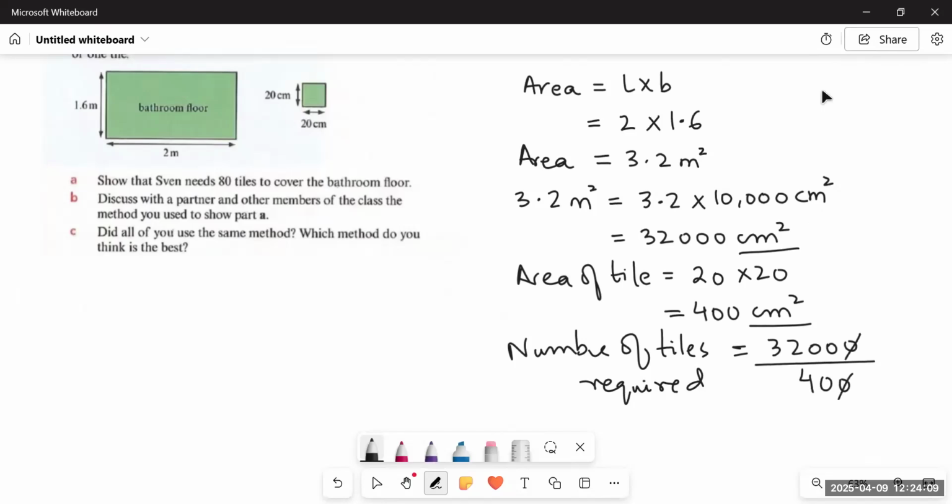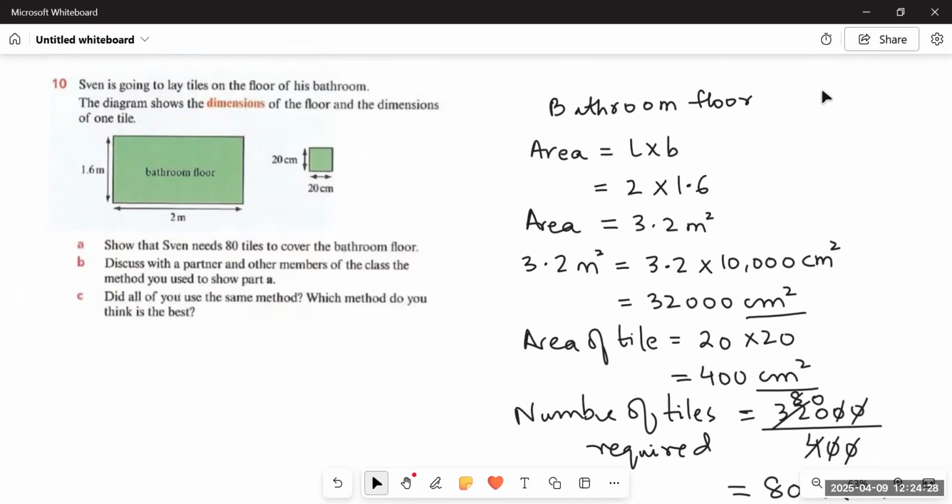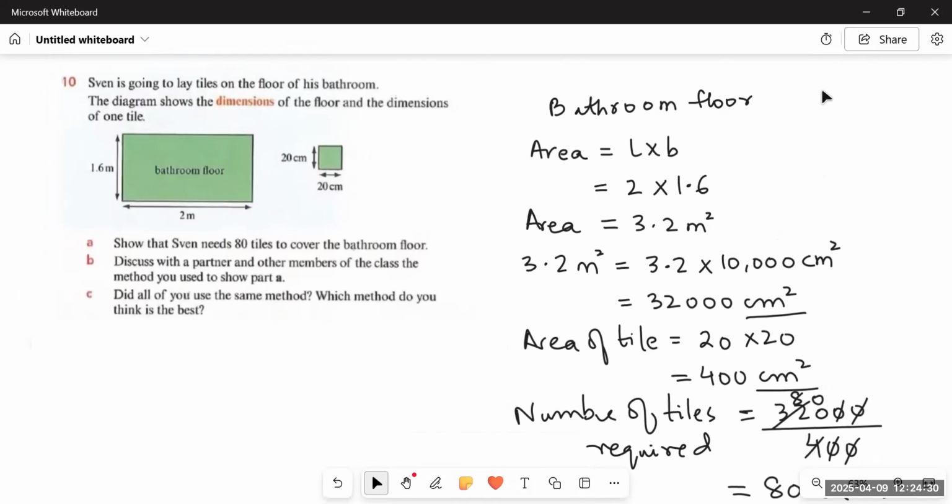One zero will cut one zero, one zero will cut one more zero. 4 ones are 4, 4 eights are 32 and comes 0. It means yes, the number of tiles required would be 80. You see? And now we can prove it. The area of one tile is 400 centimeter square, right?